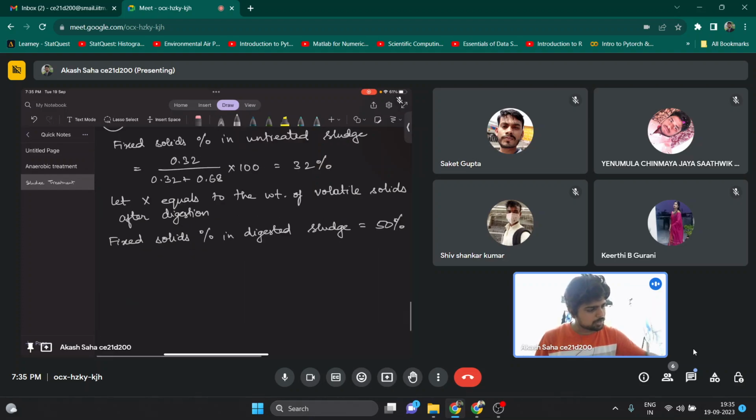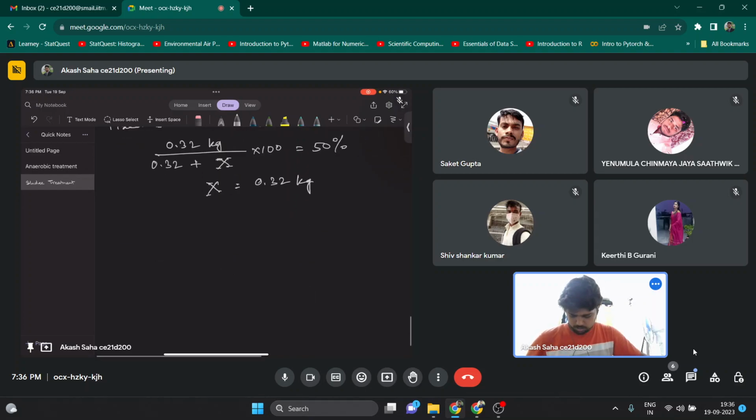So with the same formula, we can write 0.32 kg divided by (0.32 plus x), because I don't know x, earlier this was 0.68, into 100, is equal to 50%. In this way I will be able to find x, which is 0.32 kg. So before digestion it was 0.68. After digestion my volatile matter is 0.32 kg.